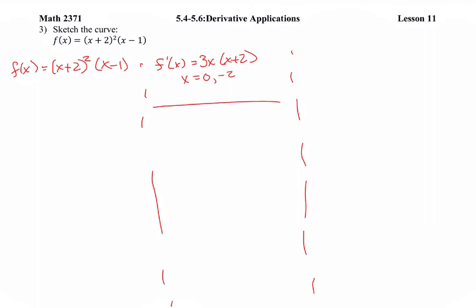And my sign chart was negative 2, 0, plus, minus, plus. And so here I had the points 0, negative 4, and I had negative 2, 0.